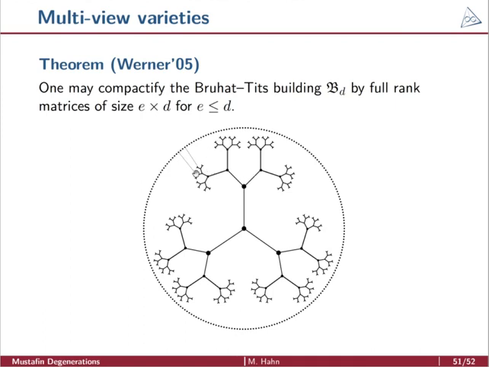We do this infinitely often, and we may compactify this building by taking the limit along each path and putting a matrix of smaller size at the end of each path. Then you can do this successively, and so you obtain a compactification of the Bruhat-Tits building by matrices of lower size.